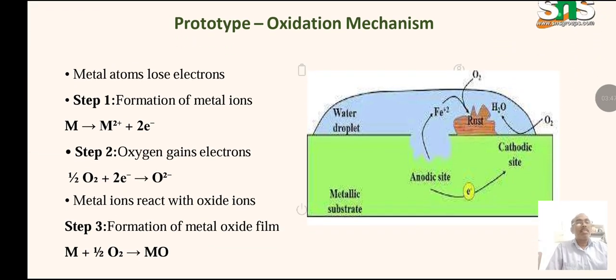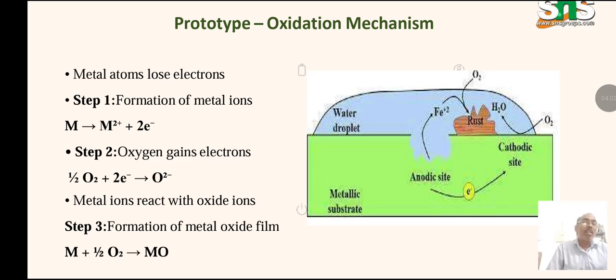The oxidation mechanism on the metal surface: metal atoms lose electrons, forming metal ions, that is, M gives M2+ plus 2 electrons.